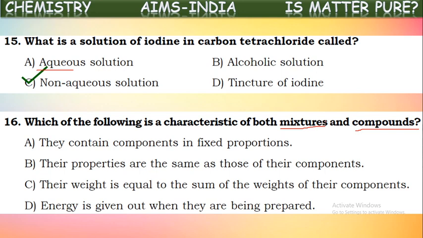The composition of the components may vary in mixtures. If we take 1 glass of water with 1 spoon of salt, that is a mixture. With the same glass of water, you can add 2 spoons of salt, and it is still a mixture. So the proportions of the components in mixtures may vary, but in compounds they do not. It is fixed composition in compounds. So it is not a common property.